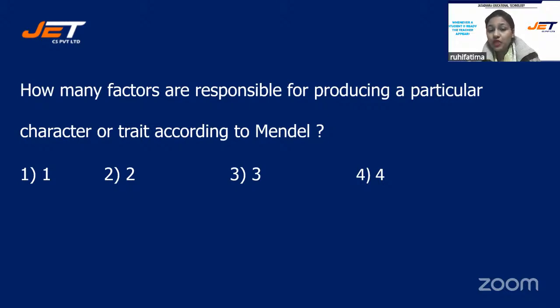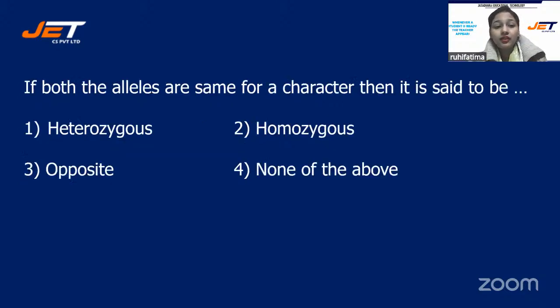One, two, three, or four? Well done, students. Excellent. Satyana, Harika, Raju, Neha, Ranjit, you all are correct. Those who selected option number two, that is two. Two factors are responsible. One is dominant and one is recessive. All right. Next one.